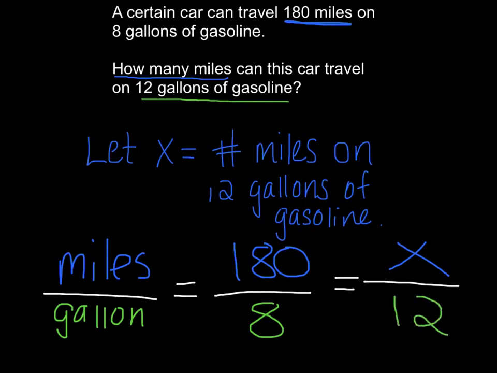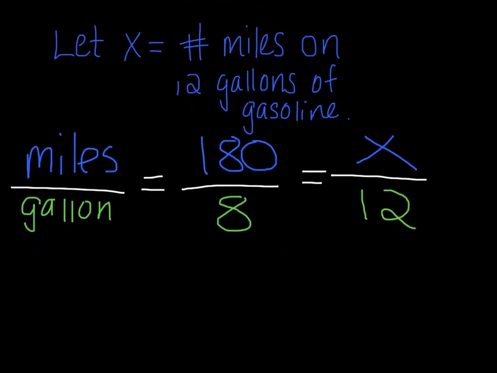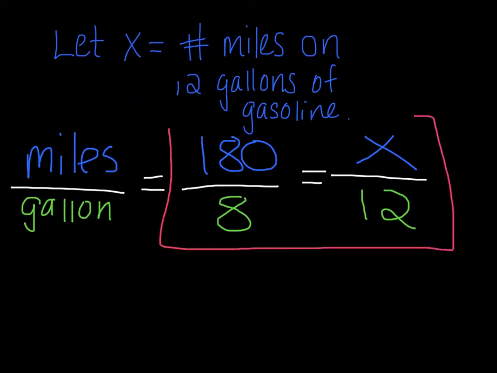I'm pulling this information from the second part of the word problem where we're told that we have 12 gallons of gasoline and we're trying to figure out how many miles we can travel with that 12 gallons of gasoline. So now I have successfully created a proportion, which I'm going to put a box around, and we can solve this proportion uncovering the value of x, and then this will answer our question, which is how many miles can we travel with 12 gallons of gasoline.